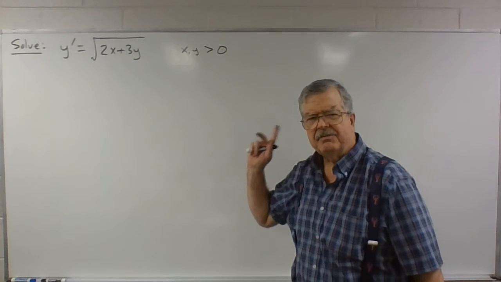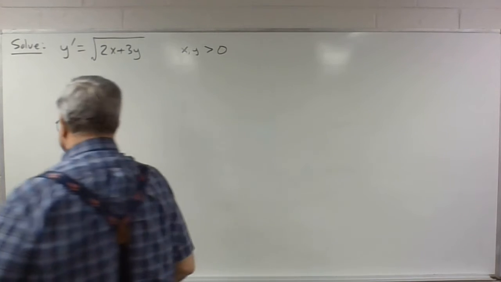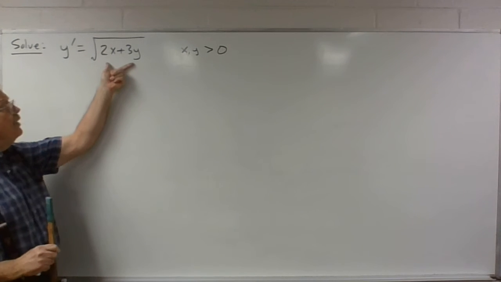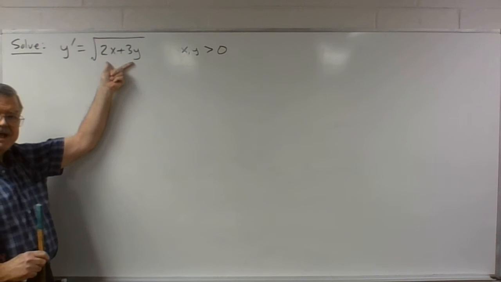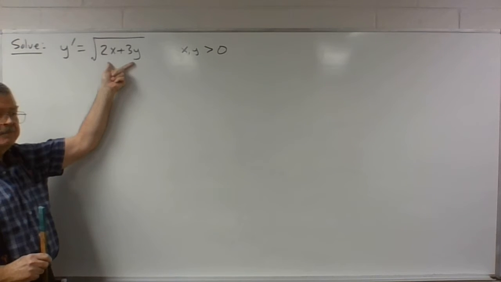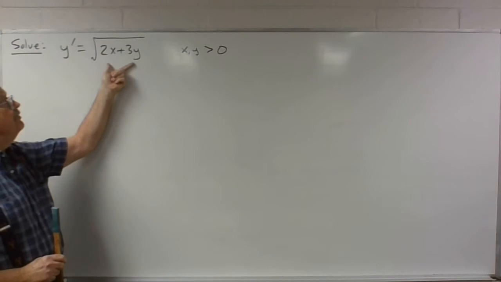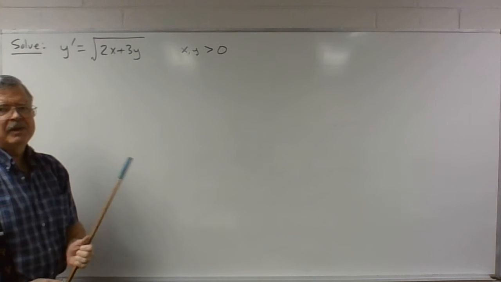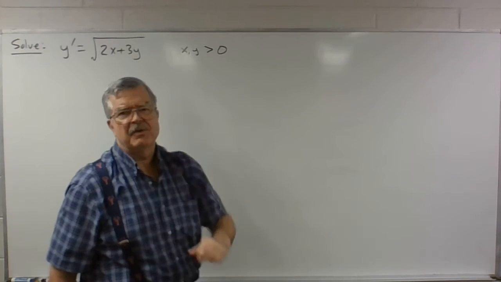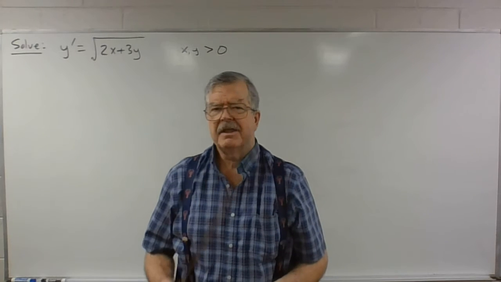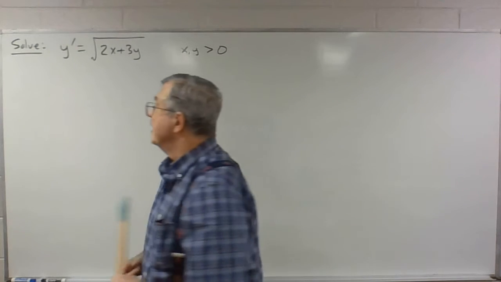And here's what I'm thinking. I want to take the contents of this radical and write it as a perfect square so that the radical and the perfect square will undo each other and I'll get rid of the square root.